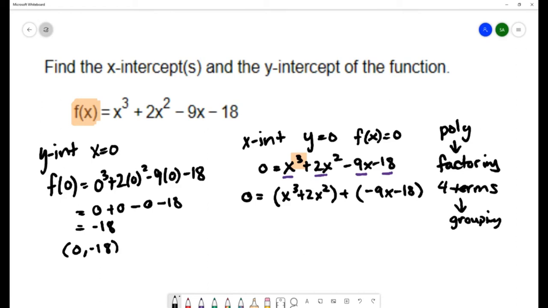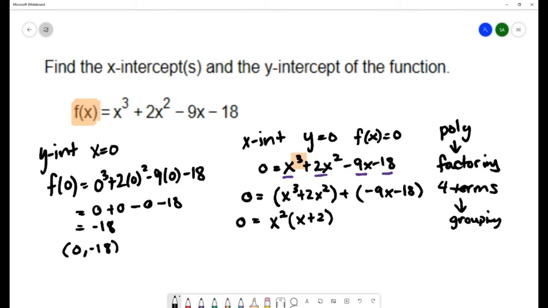And in each one of the groups, you're going to look for the greatest common factor. So for the first group, I've got x cubed and x squared. So I have a common factor of x squared, and I'm going to factor it out of that group. Factor the x squared out, and you're left with x plus 2. And then you look at the other group, and you also look for the greatest common factor.